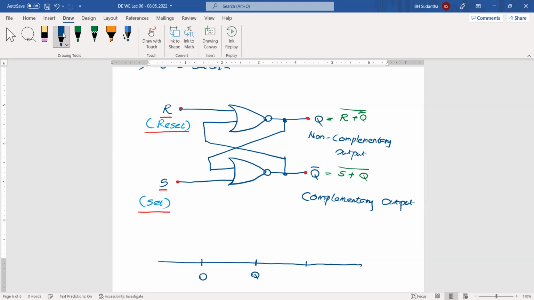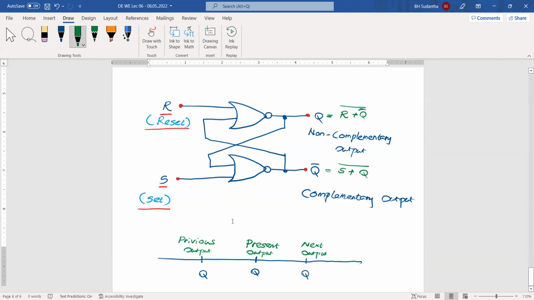Because of that, in this timeline, we have the same output line, but output values may be different. In this timeline, different values may be there. This is the present. If this is the present output, this one is the previous output, and this one will be the next output.